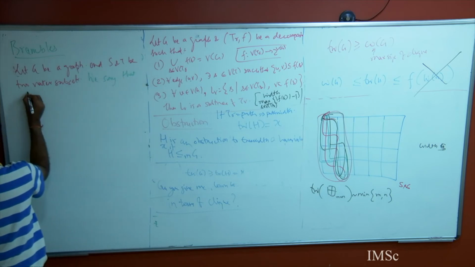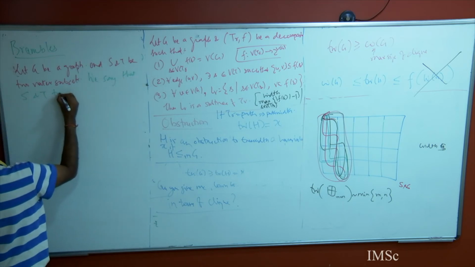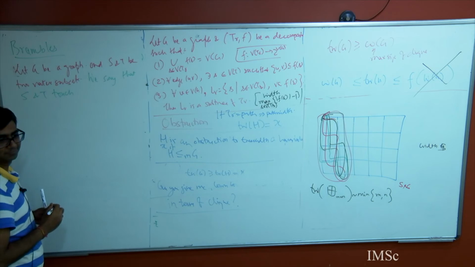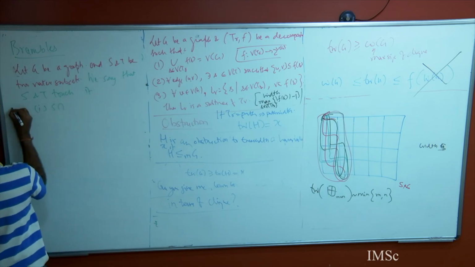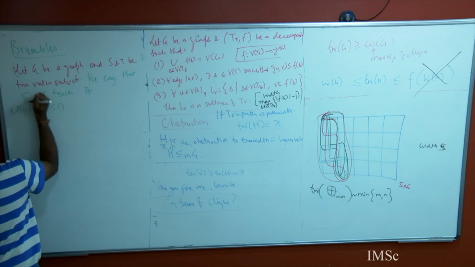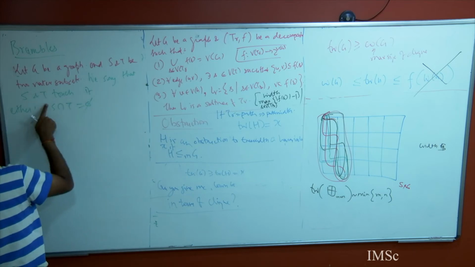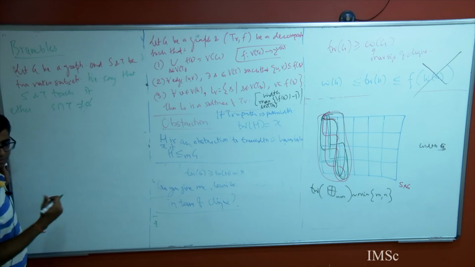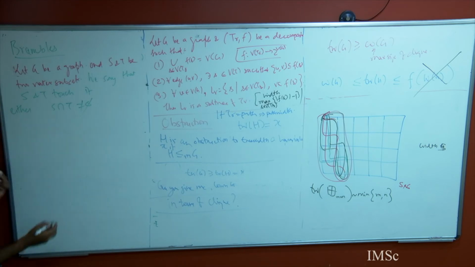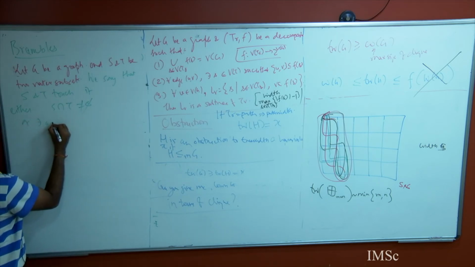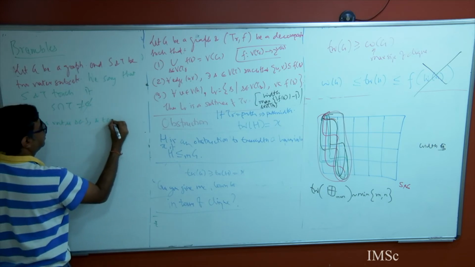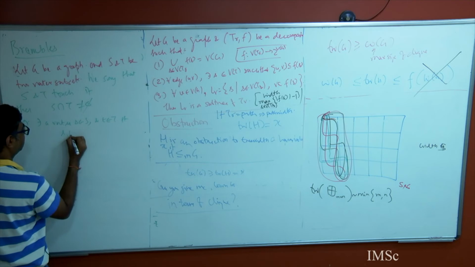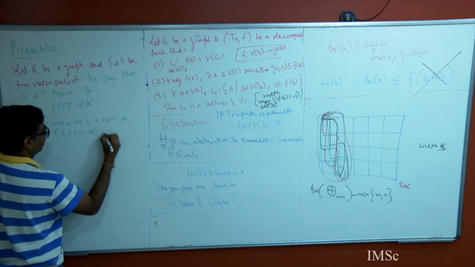We say that S and T touch if either S intersection T is not equal to empty, meaning they have some common vertex, or there exists a vertex s in S and t in T such that (s, t) is an edge of my graph.